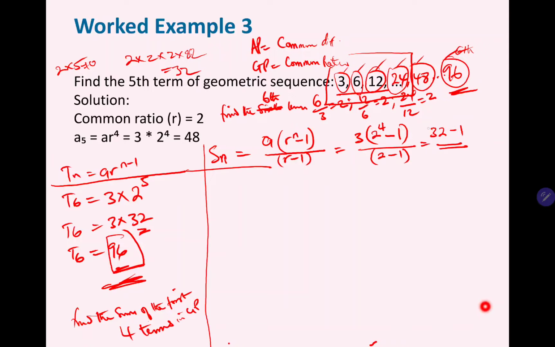Minus 1, times 3. So the sum of the first 4 terms is equal to 3 times 31, which is 93.